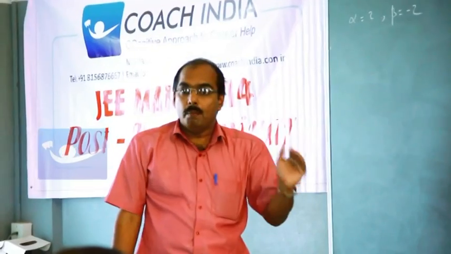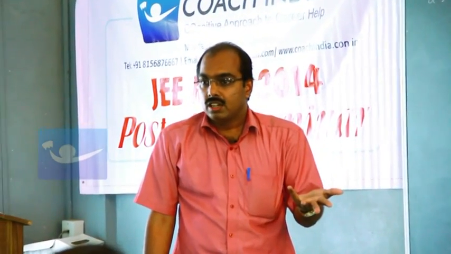What will happen if we choose alpha equal to 1? Both left and right side will become 0, we won't be getting anything. What will happen if we choose alpha equal to beta? The same thing will happen. So we have to choose numbers such that the given condition is not violated.